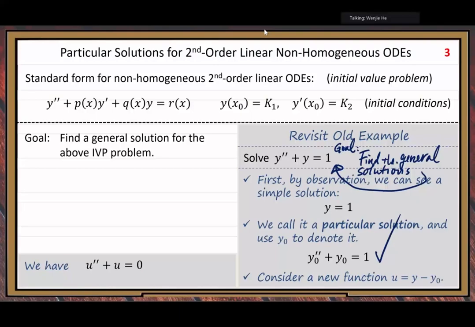It bridges the difference between the homogeneous version of the ODE and the non-homogeneous ODE. That's why the first step is to solve the homogeneous version.